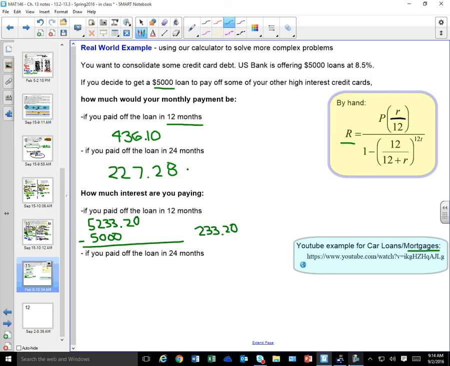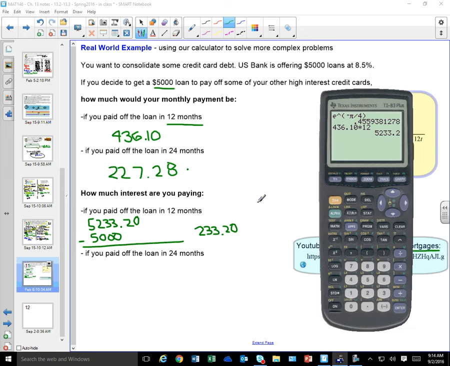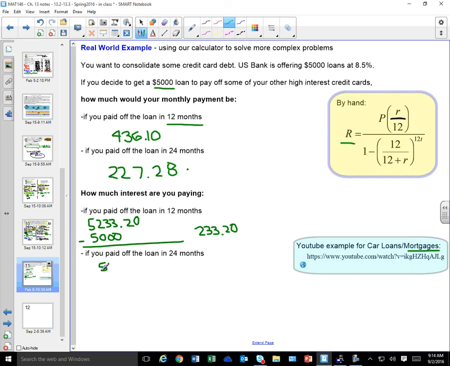Now let's see what it is if I do it for 24 months. So I'm going to take this number, 227.28 times 24, and I get 5454.72.